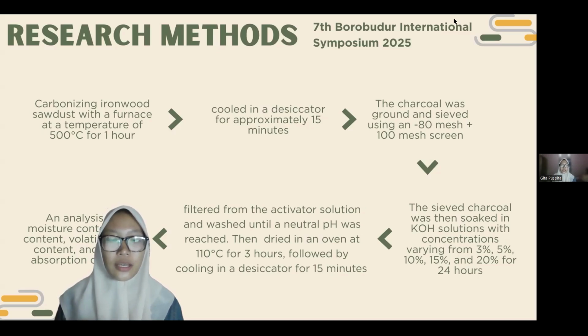At this point, an initial quality analysis was performed, including moisture content, ash content, volatile matter content, and iodine absorption capacity. We have done this research, and next the research results will be delivered by my partner, Andri Kurniawan.